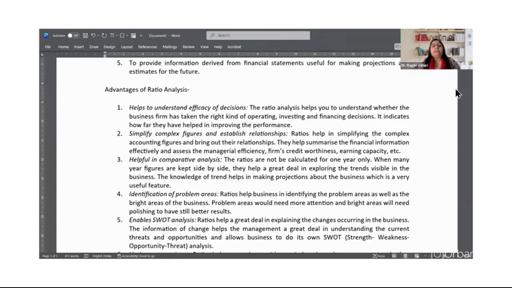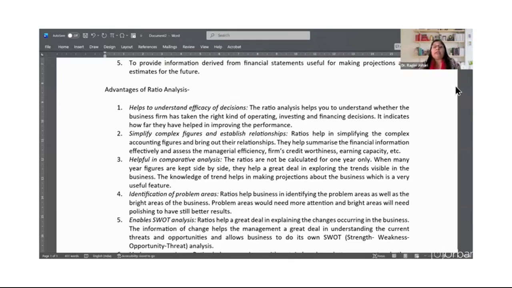The next advantage is simplifying complex figures and establishing relationships. Basically, we make balance sheets, profit and loss statements, and cash flow statements, and at a glance, especially for a non-accounting person, this is all very complex.